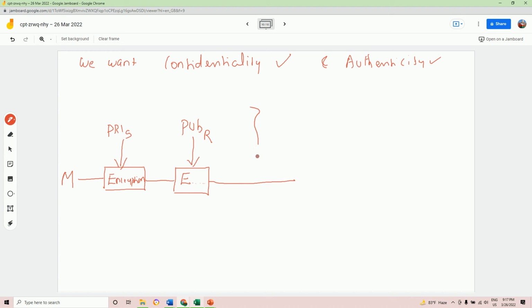Now there will be two decryptions. So the first decryption, for this which key should be used? The private key of the receiver. So this is the decryption. Because it is encrypted using the public key of the receiver, the private key of the receiver is used.